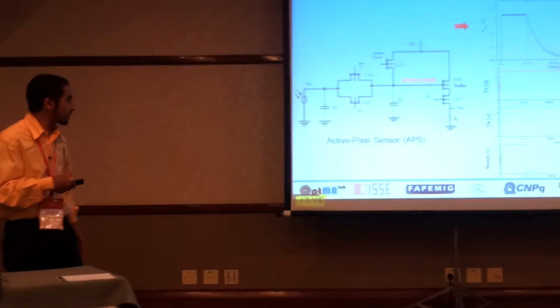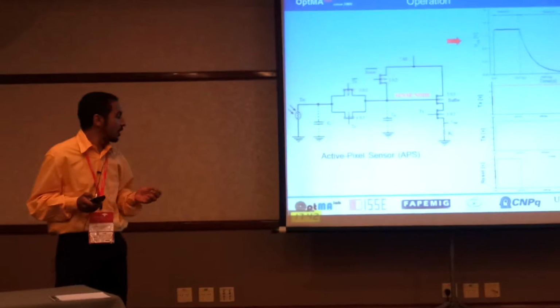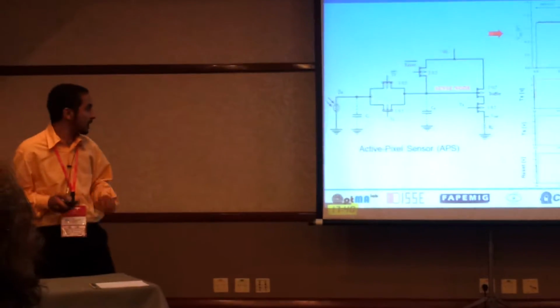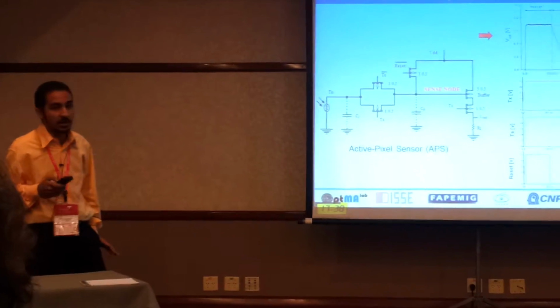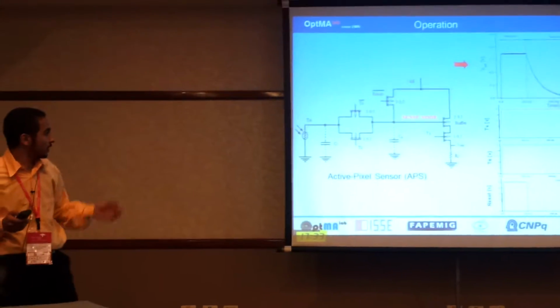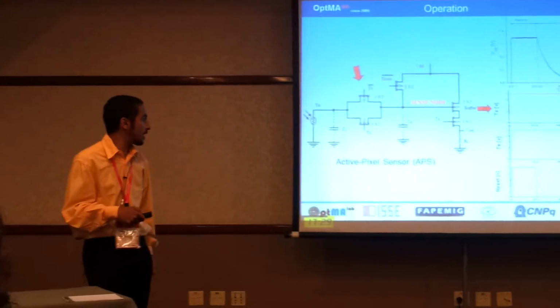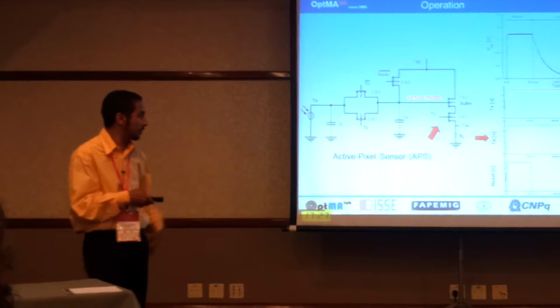The transistor PX is a selection transistor used in array applications, as well as the TX transistor that we will explain later. For now, the PX and TX transistors will always be on.